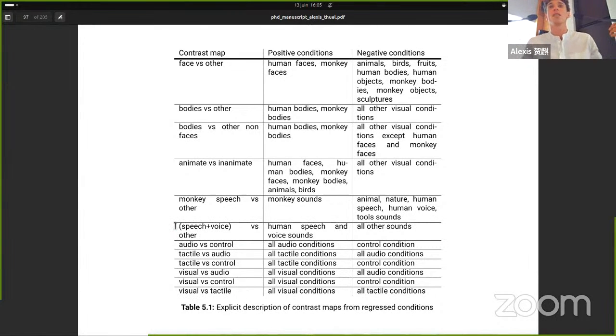And this is mostly why we switched to using movie watching and time series rather than this sort of setup. It could be impressive to have 15 contrast maps, but actually this is not enough to distinguish properly between all areas of the brain.